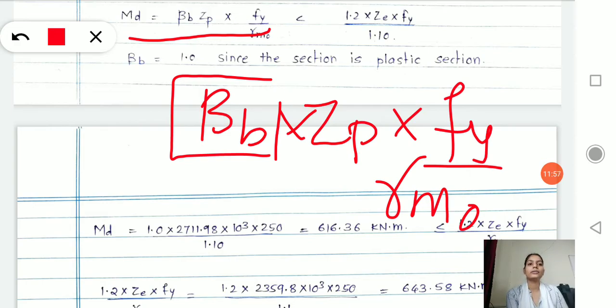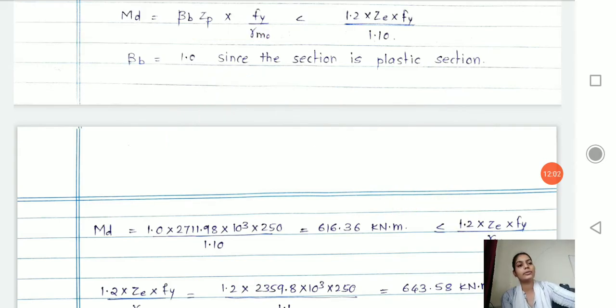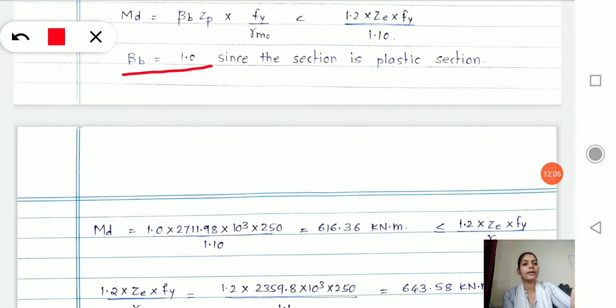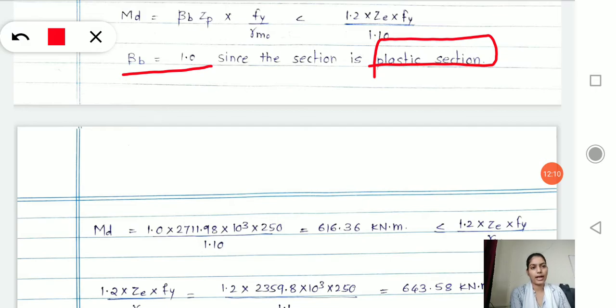This beta B is mentioned in your IS code. Go open your IS code and go to this formula page. There they say if your section falls in the plastic category as per the classification, then beta B will be equal to 1.0.